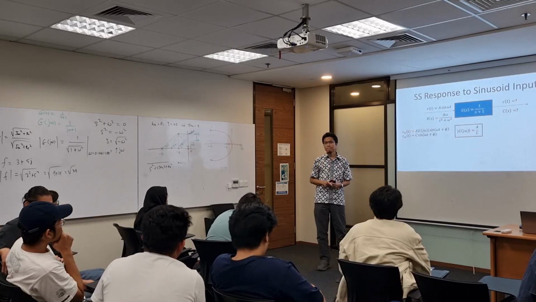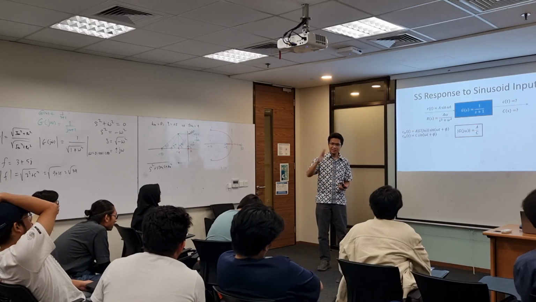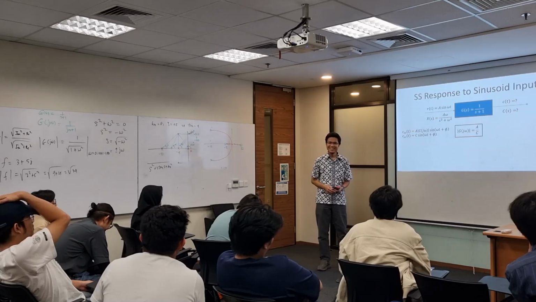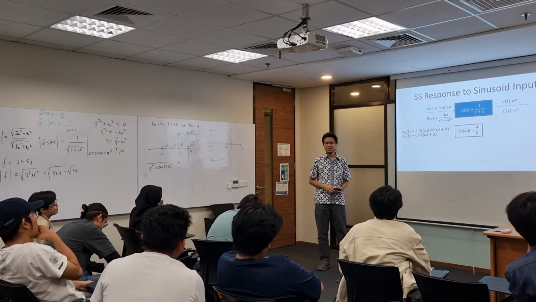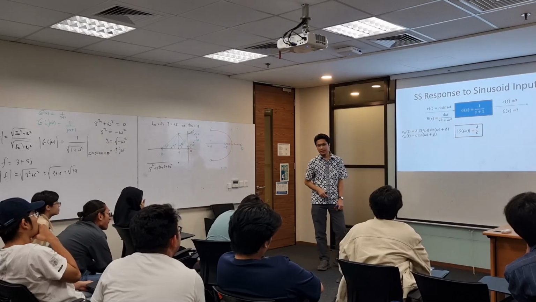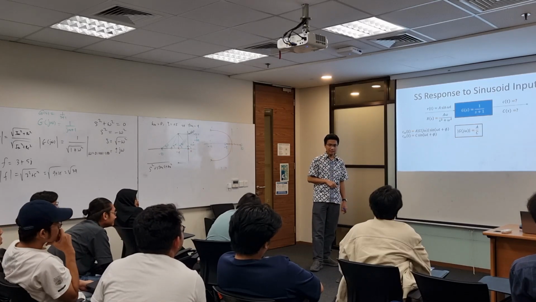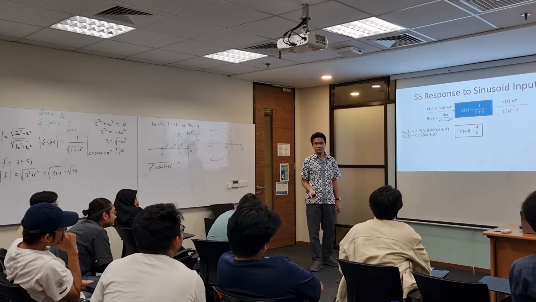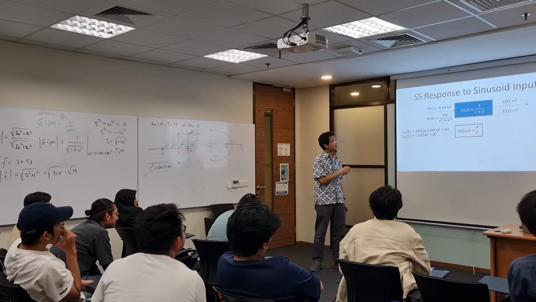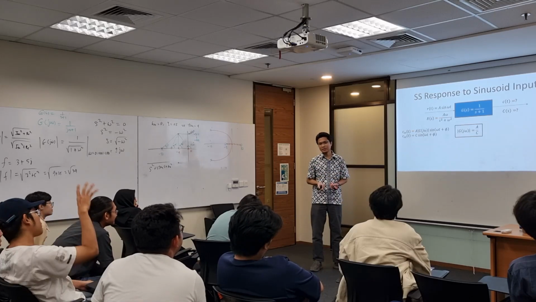Give it a sinusoid input, it will do the shaking thing, and then you can record the amplitude. Sinusoid input only, of course not a step. Frequency response, step doesn't have frequency.